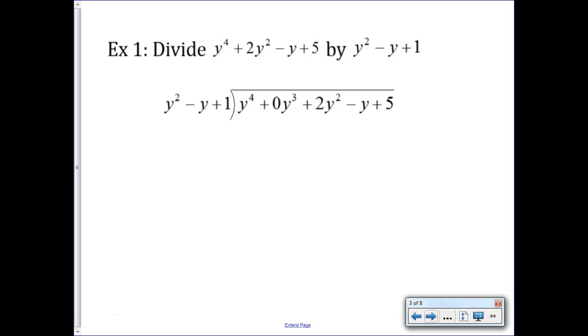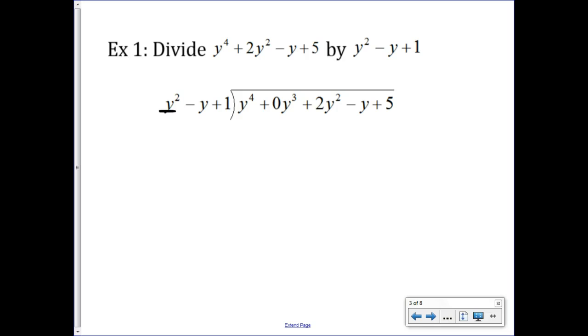So when we divide all of this, what I want you to notice is that we have a placeholder for y to the third. So even though there is no y to the third there, we have a 0 there. We're going to look at just this leading value over here, this y squared. So how many times does y squared go into y to the 4th?